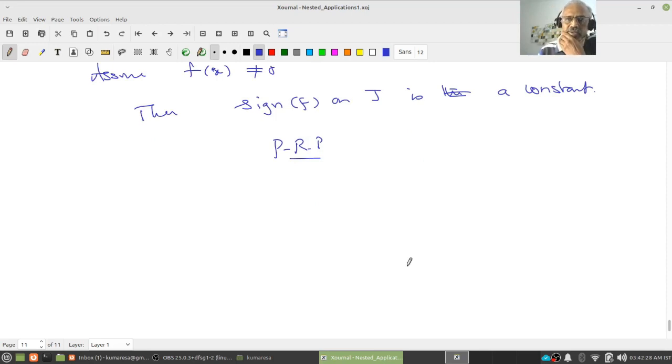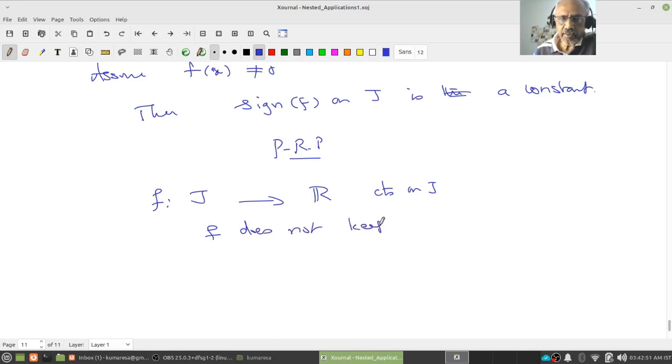So this makes me wonder. I'm trying to arrive at a theorem logically. Suppose f is a continuous function from J to R, continuous on J, and suppose f does not keep the same sign on J. What does it mean?